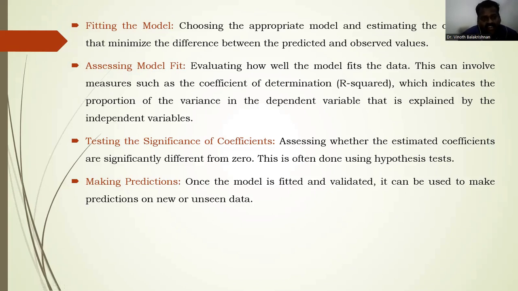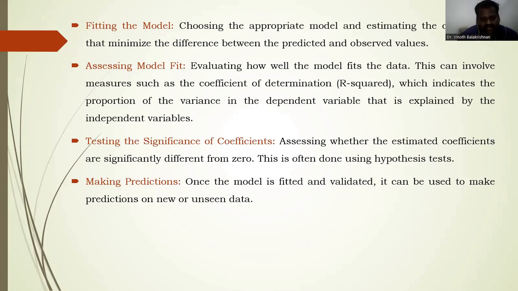The next step is significance. We have to test the significance of the coefficients b0, b1, b2, etc. In the simple linear model, we can test the significance of the coefficients b0 as well as b1. In multiple regression, we have many coefficients b0, b1, b2, b3, etc. up to bn.